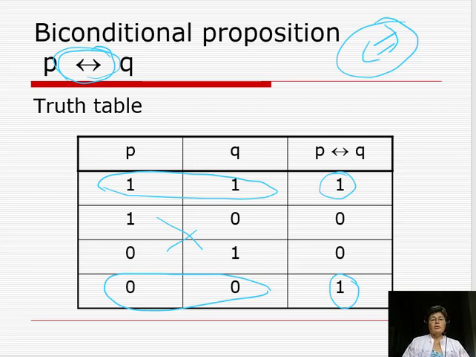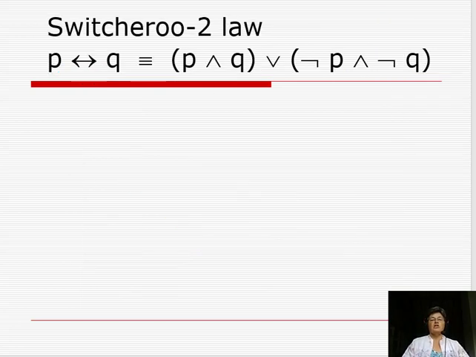Again, if we look at this biconditional and we try to simplify compound statements, it's quite difficult to work with. So that's why someone thought of this law, the switcheroo 2 law. And again, to prove that this one is really true, we'll just make a truth table.